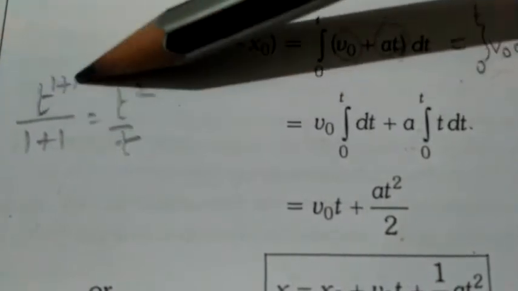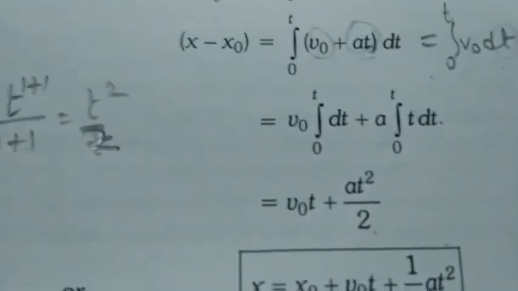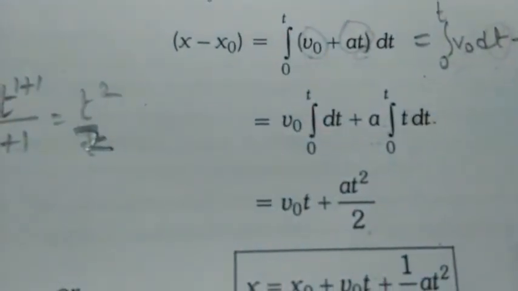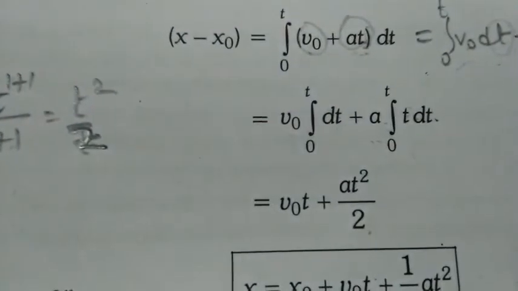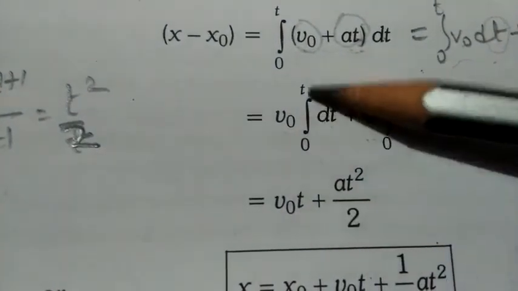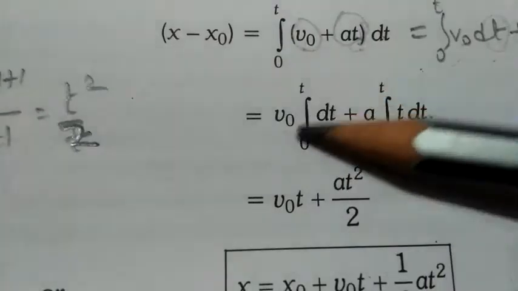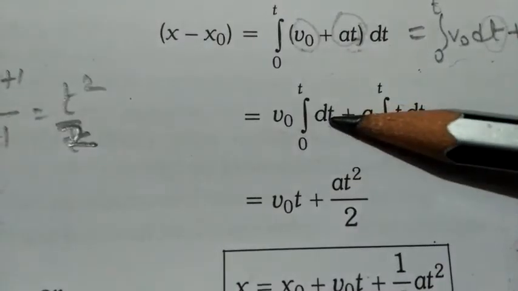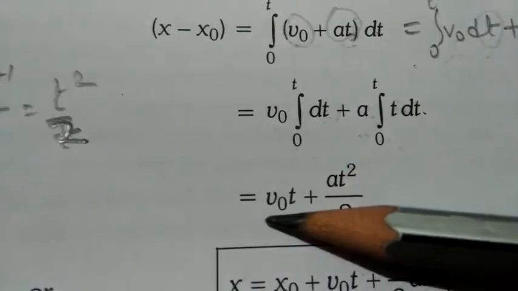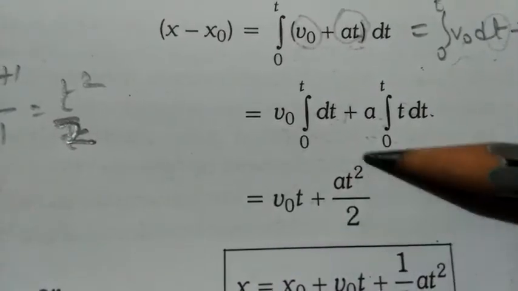When we apply the formula of integration, t to the power 1 plus 1 upon 1 plus 1 equals t square upon 2. So by integrating t, we get t square upon 2. And when we apply the limits, the 0 term will cancel, so only the t term will be there: t minus 0, so the 0 term cancels. So we get vot plus at square upon 2.